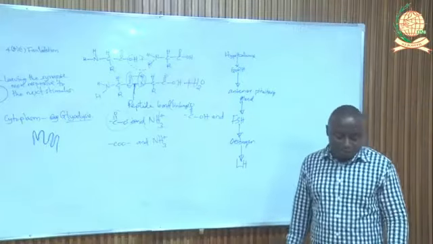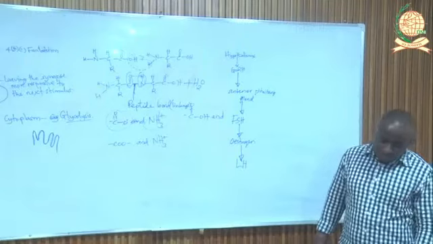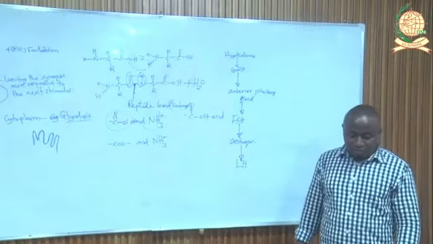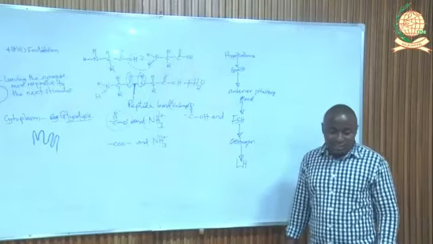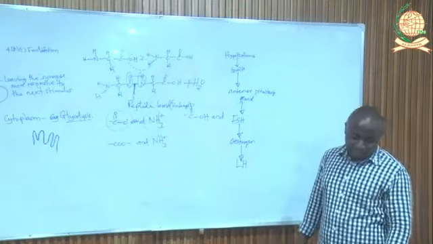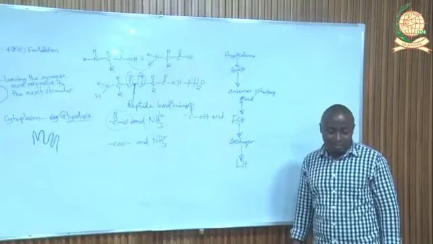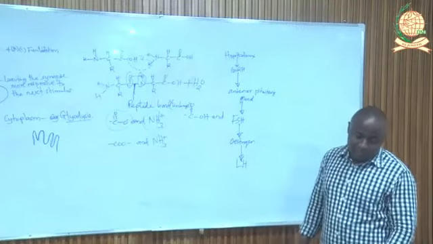The luteinizing hormone and follicle stimulating hormone are released in a surge. The surge ensures precise timing of ovulation.